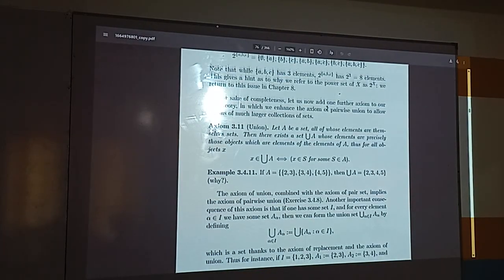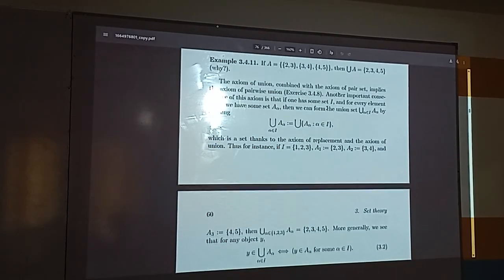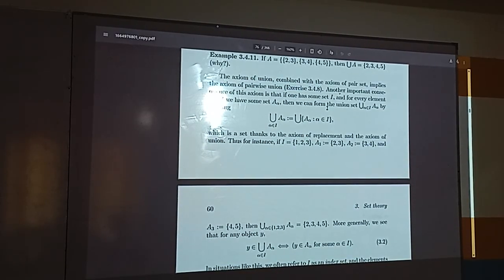Let's see. This is a good example just to explain. Thus, for instance, if I is 1, 2, 3, let me do something else. Maybe I wrote something else here in my notes, but doesn't matter.